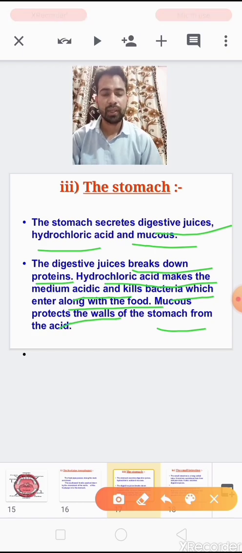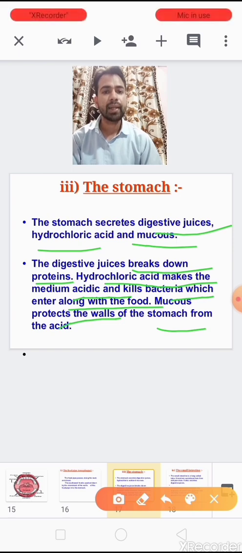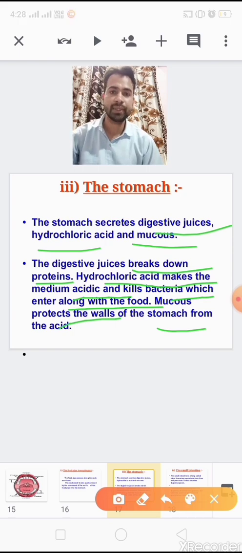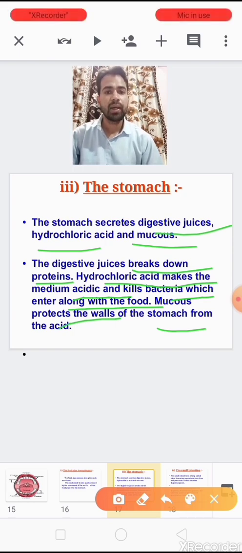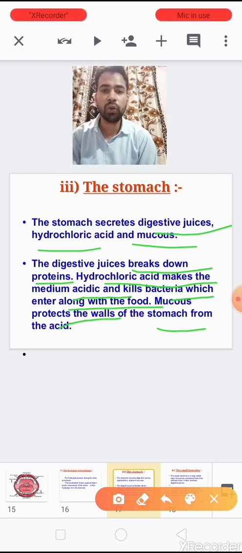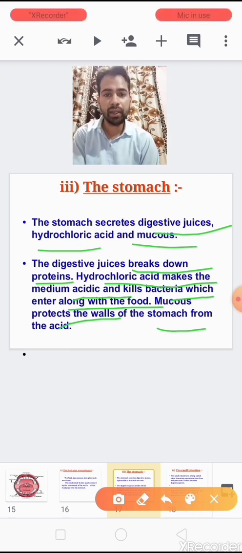Clear? I repeat once again, the stomach secretes digestive juices. These digestive juices break proteins into amino acids. The stomach also has hydrochloric acid. This hydrochloric acid kills the bacteria that enter along with the food.